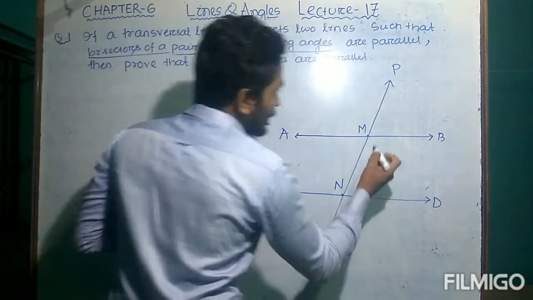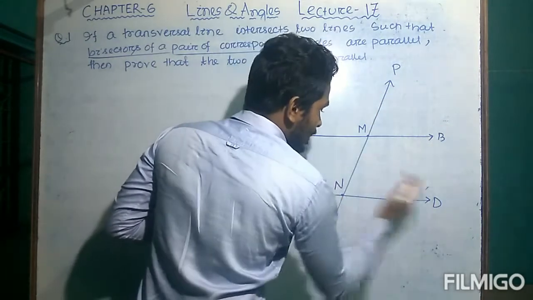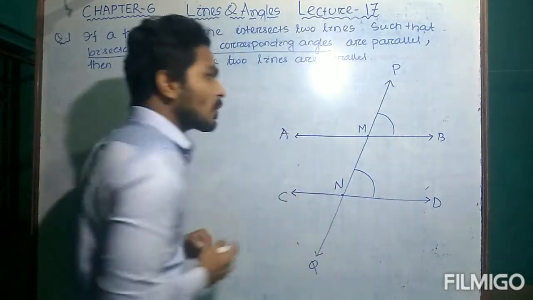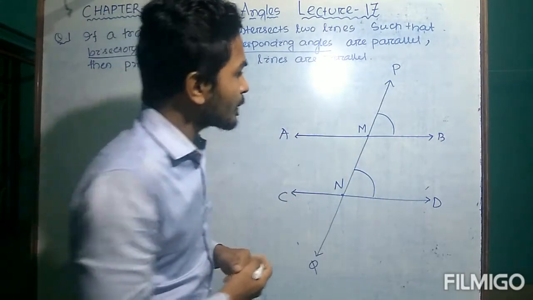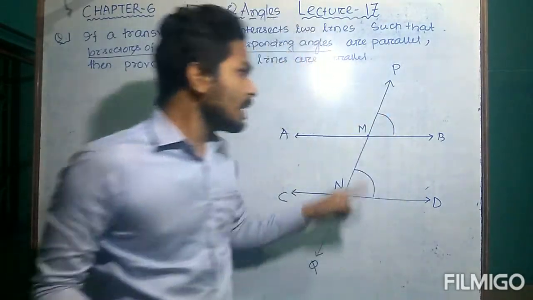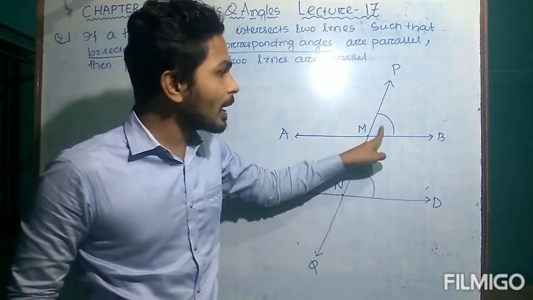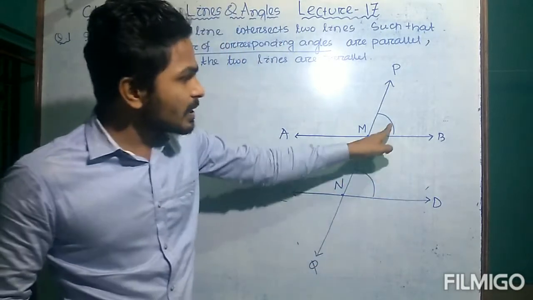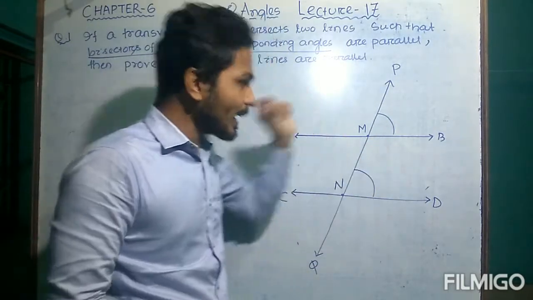Here on this side of the transversal line, this angle and this angle are corresponding angles, because they lie on the same side and they are non-adjacent. One lies on the exterior side and one lies on the interior side. So these two angles are a pair of corresponding angles.